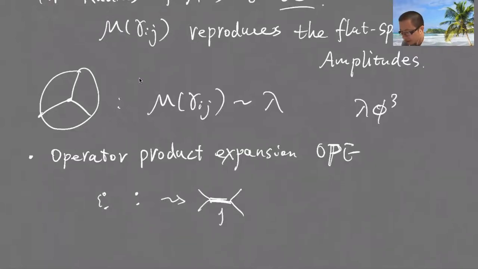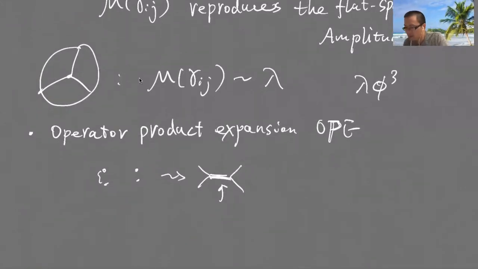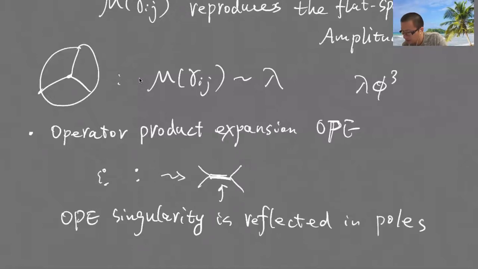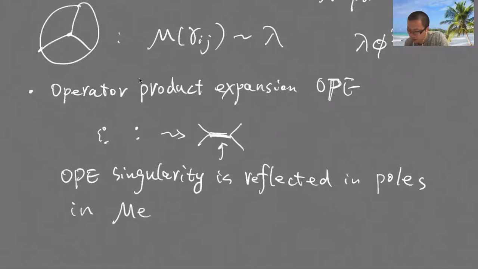This is reflected in the correlator as some singularity, here in coordinate space. So this singularity is reflected in poles in Mellin amplitudes. Namely, the OPE singularity is reflected in poles in Mellin space.